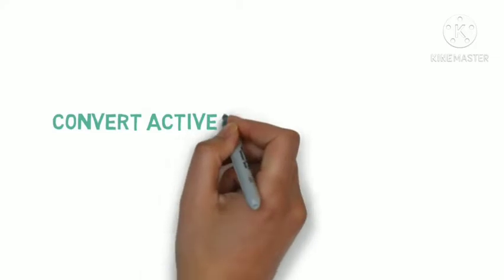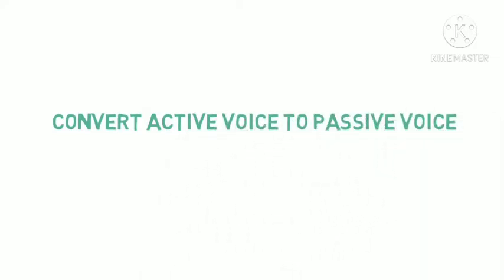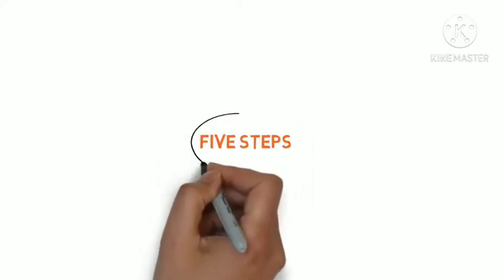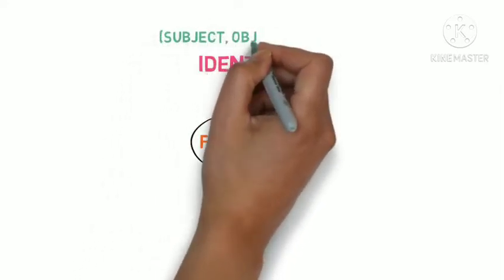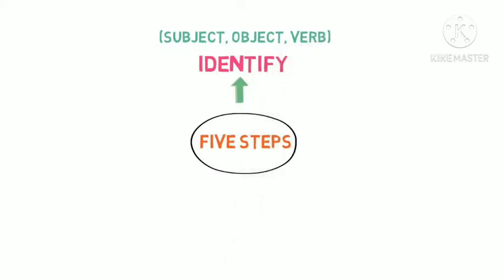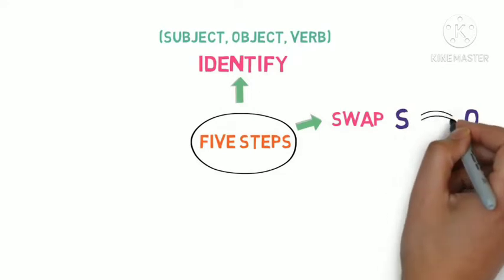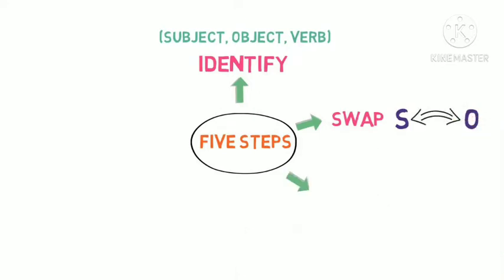So guys, at first let's look at how to convert active voice into passive voice. For that we should know 5 steps. The first one, identify subject, verb and object from the given sentence. The second one, swap, means convert subject into object and object into subject.